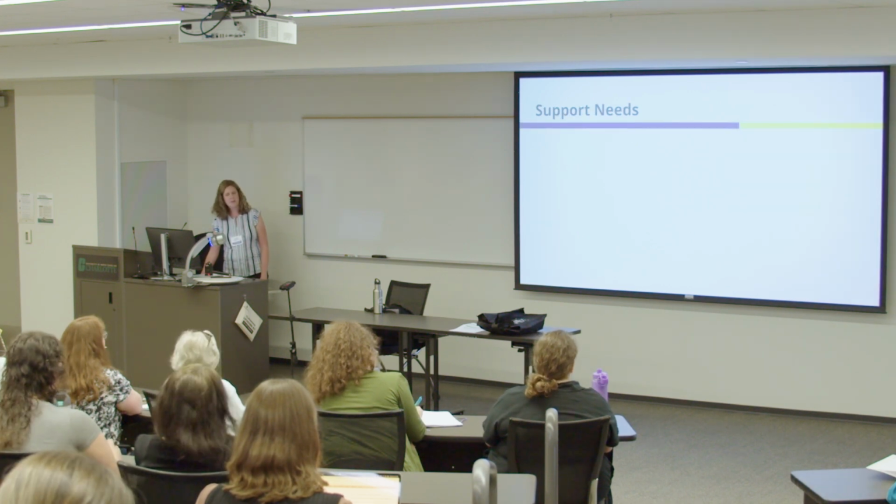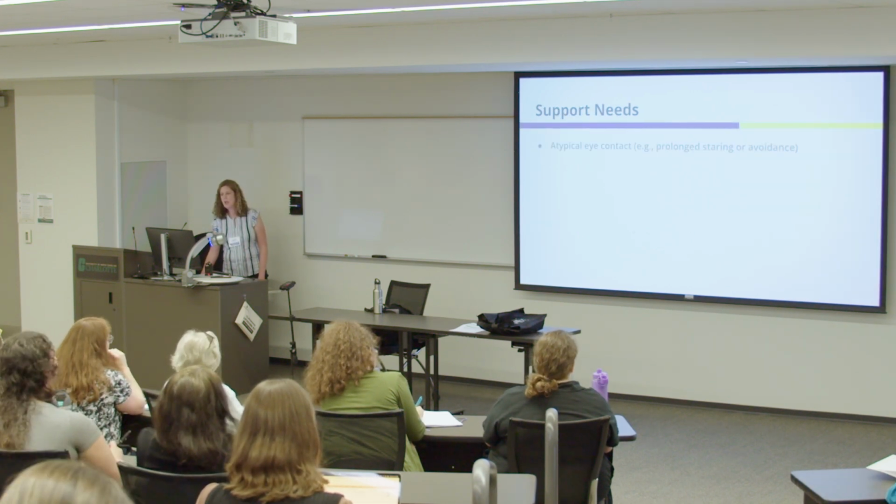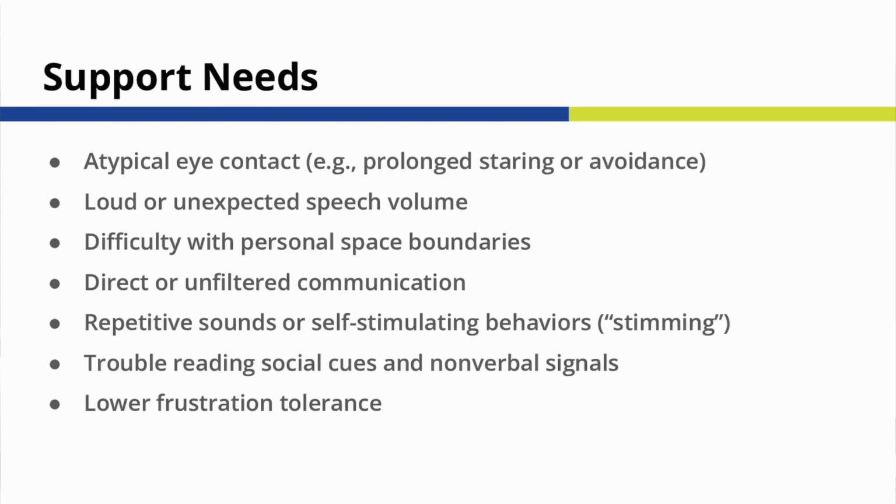Some of the supports that these individuals may need would be around atypical eye contact. So you may have other patrons or colleagues in your office that have a hard time with that. They may think they're staring at them or not making eye contact, but this could be part of the social communication difficulties for that individual.